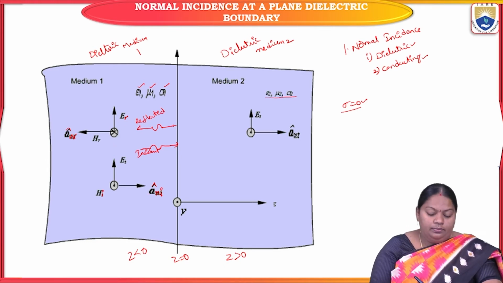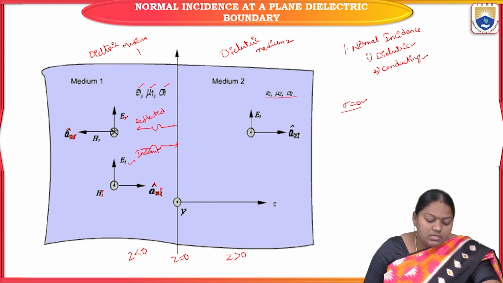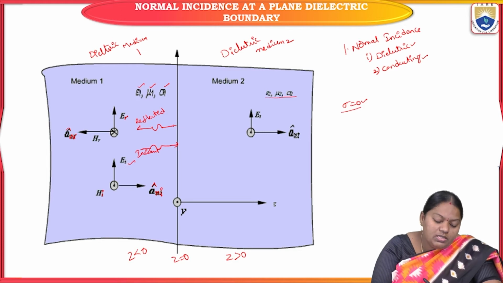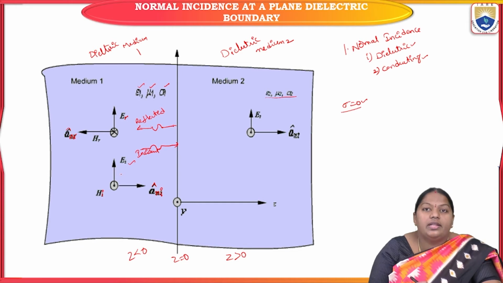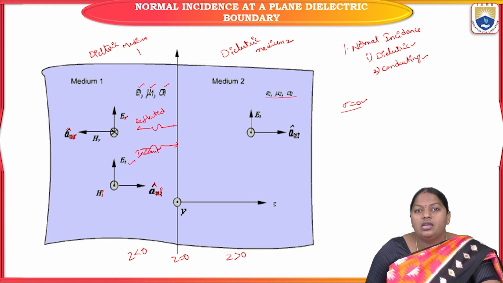Now to analyze this, we consider two field components: electric field intensity E and magnetic field intensity H. For the incident wave, these two components are represented with EI and HI, where I stands for incident wave. Similarly, ER and HR are the two field components of the reflected wave.